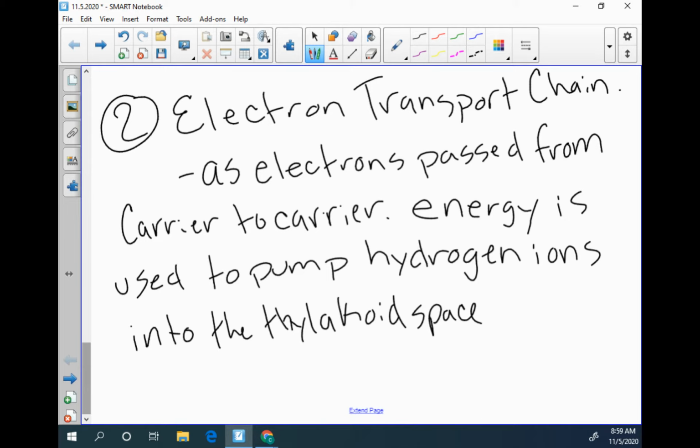It might be beneficial for me to draw this out. So, we have our thylakoid membrane. We'll say we've zoomed in on one of the stacks. In the thylakoid membrane, we have a series of proteins.